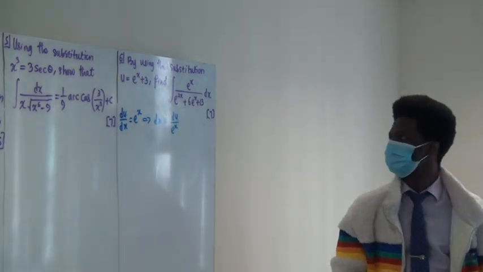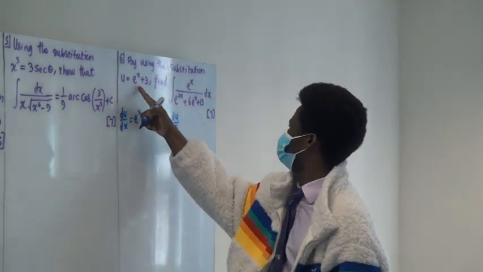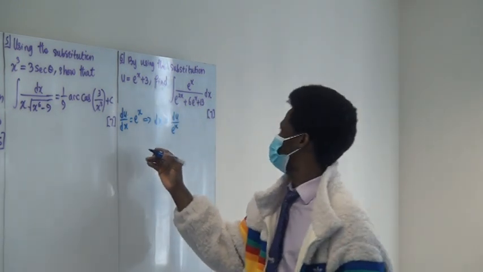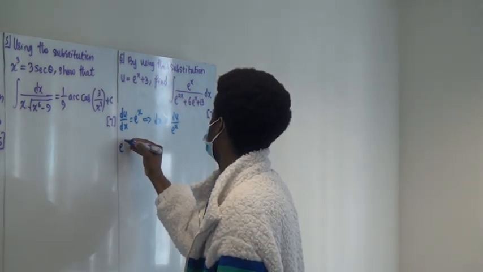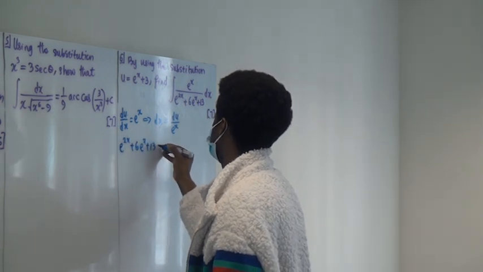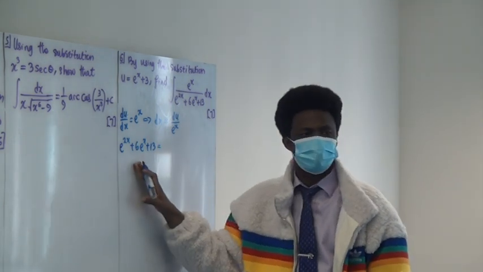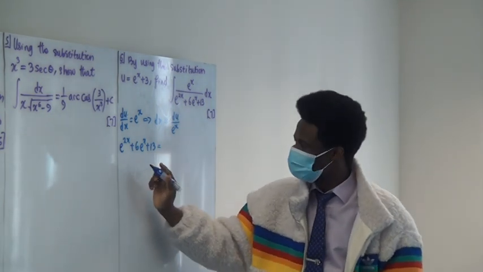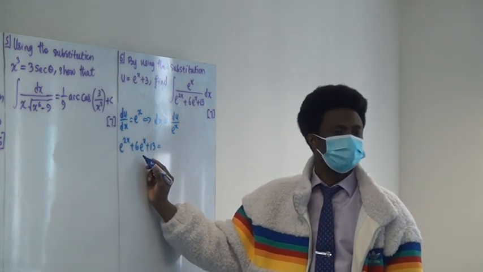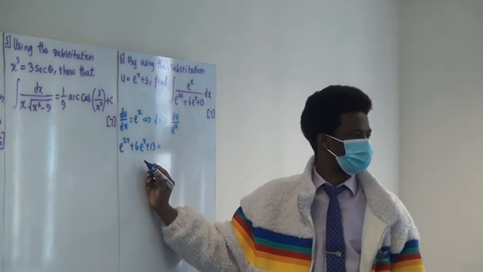So you keep that. Similarly, this function, if u is this, you need to try to express this function in terms of this. So this function, exponential 2x plus 6 exponential x plus 13, everything has to be outside the integral. So you need to try to complete the square. So this is like p squared plus 6p, right? So what do you add to 6p? 3 squared, isn't it?